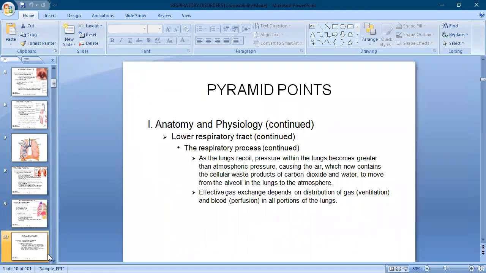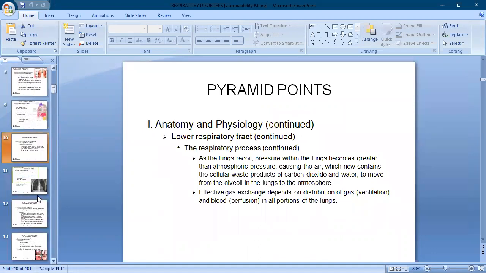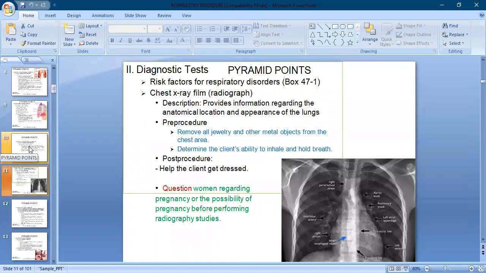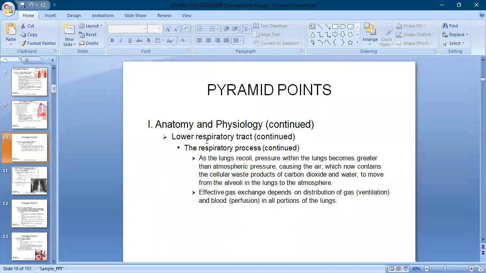And here it shows the lower respiratory tract and the process of respiration. The lungs recoil, the pressure within the lungs becomes greater than atmospheric pressure, causing the air, which now contains the cellular waste products of carbon dioxide and water, to move from the alveoli of the lungs to the atmosphere.